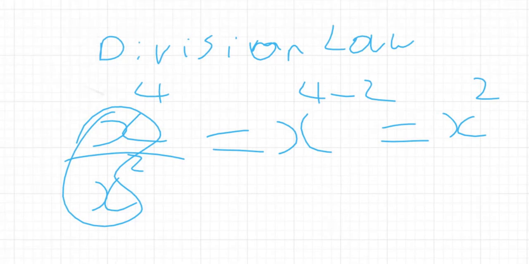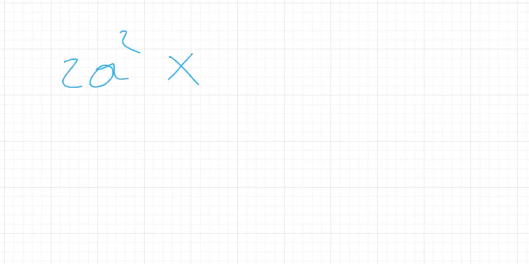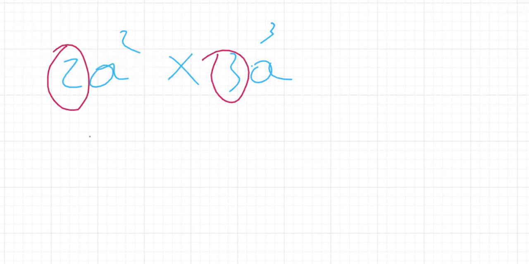So let's look at examples of the multiplication and division laws. What if I had x raised to the second power times 3 to the second power? Well, let's just say third power. If they share the same variables, then we can work them together. We multiply the coefficients, 3 times 6, and since the bases are the same, we take back one of them and just add the powers.